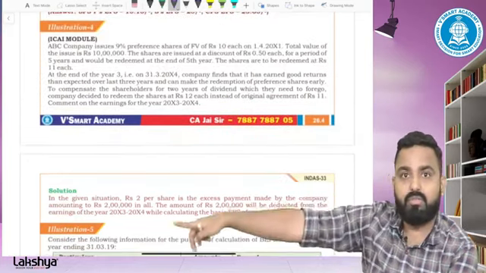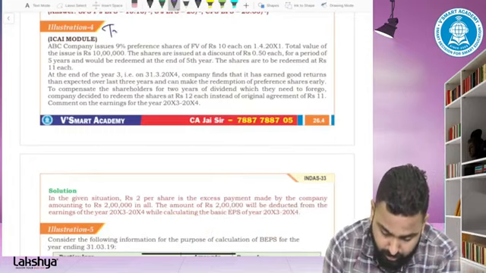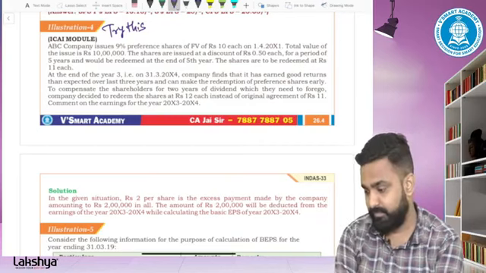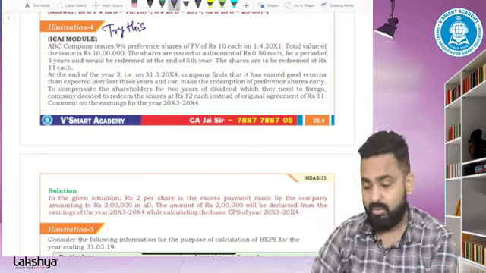Please cover illustration number 4. Try this out.